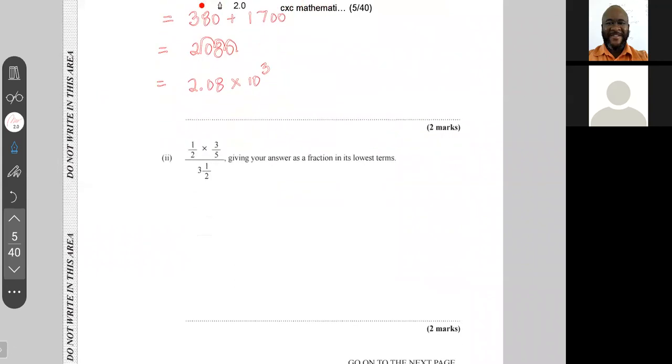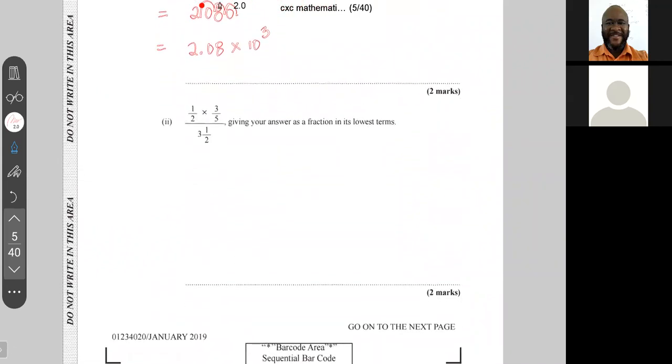In II, we're told, give your answer as a fraction in its lowest term. We need to evaluate this and write the answer as a fraction in its lowest term. What I normally do is write this in one line. So this is the numerator, which is a half times 3/5, divided by the denominator, which is 3.5.